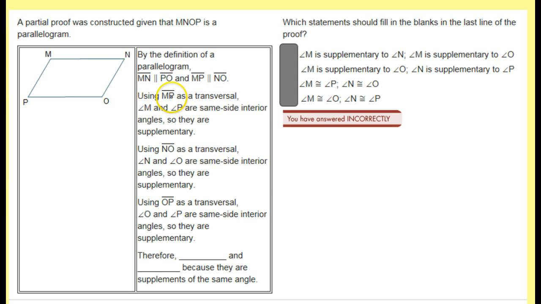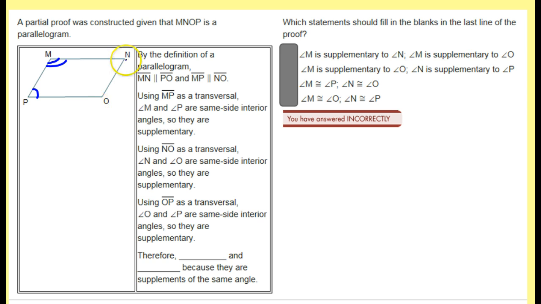Great. Using MP as a transversal, meaning a line that's cutting across these parallel lines, M and P are same side interior angles, so they are supplementary. All right, so this and this are supplementary, meaning they should add up to 180. Okay, great, that's what they're saying so far.